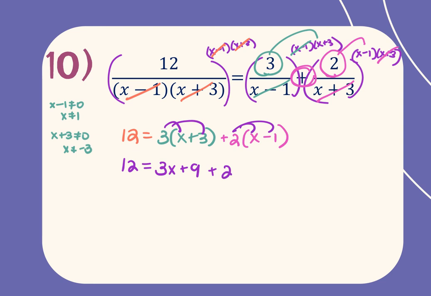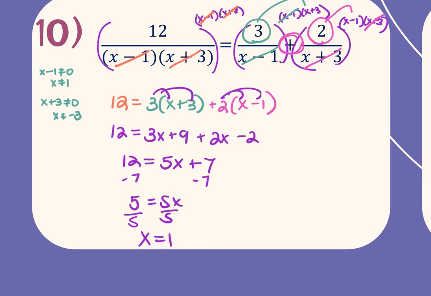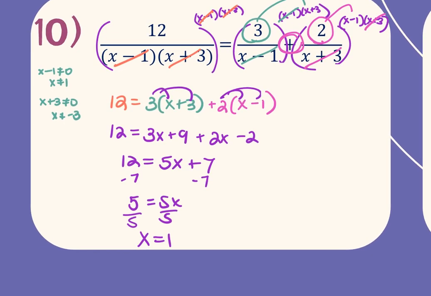Distribute the 2. 12 would equal 5x plus 7. Subtract the 7. Oh, 5, sorry. 5 equals 5x. Divide by 5, and x equals 1. Can I keep it? Nope. So again, no solution.